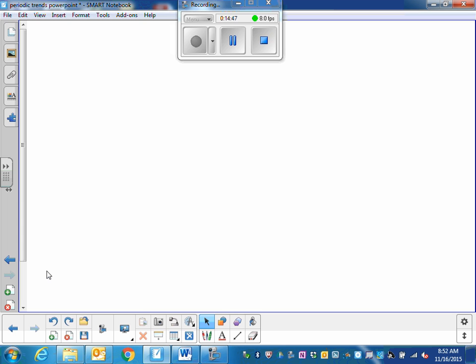So we're going to do the Bohr model for sodium. All right. So sodium, where is sodium on the periodic table? Is sodium a metal or a non-metal? Sodium, Na, left.